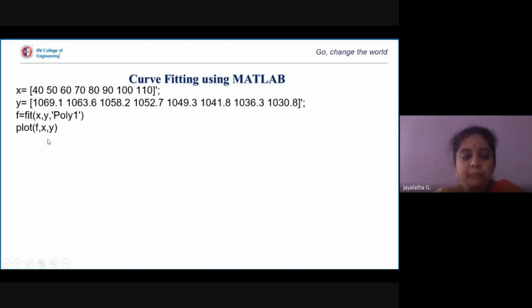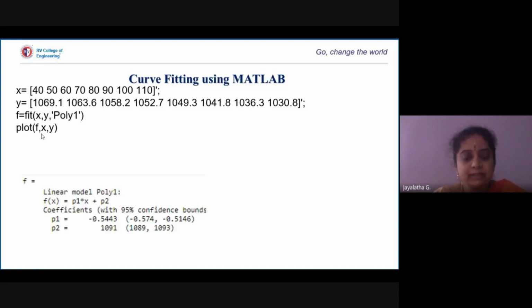And this was just to obtain the values of A and B. I want to compare the actual data points and the fitted curve. So I will plot f comma x comma y, which will give me a plot wherein I can see the data points as well as the best fit curve, so that I can compare the two, whether my points are clustering around the same curve or not.